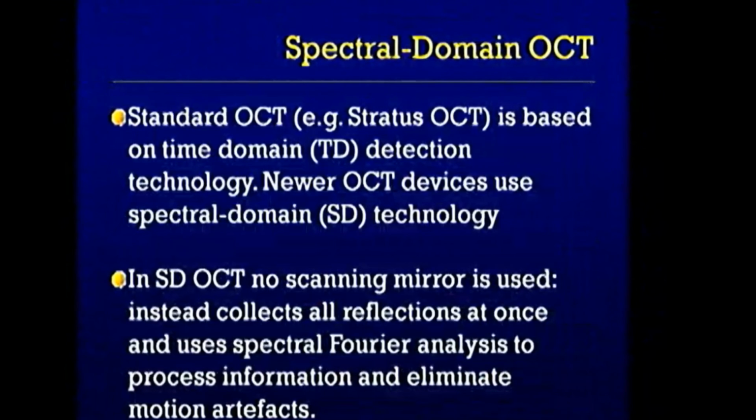And it's able to do this because there's no reference mirror in the Fourier domain OCT. The earlier machines had a mirror which moved back and forth, and the resolution of the device was dependent on the speed of the mirror. So the Fourier domain OCT has no mirror, and the signal is analyzed by a Fourier analysis, and it's able to filter out the different layers.